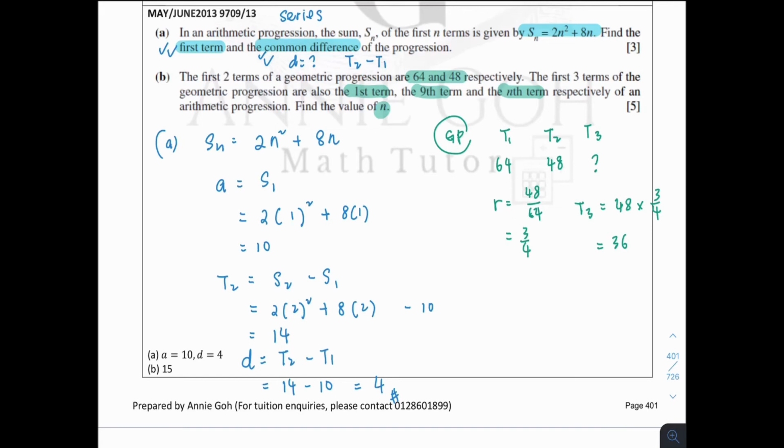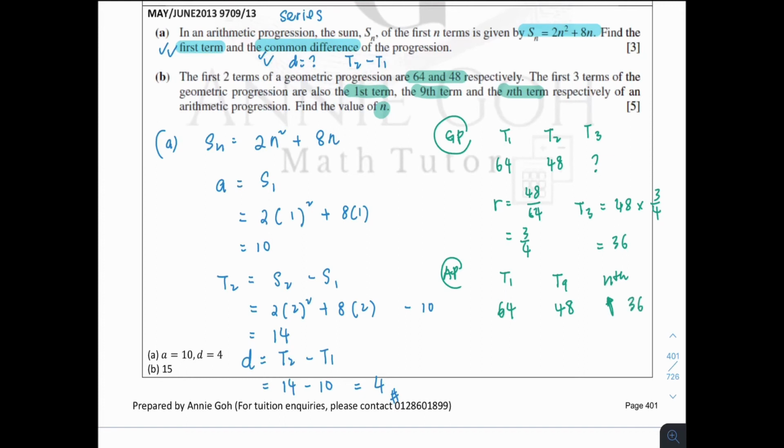And it's mentioned in the question that the first three terms are actually the first, 9th and nth terms of an AP. So for the AP, the first term is the same as the GP, 64. And the 9th term is the same as the second term of the GP, 48. As for now, you're asked to find the value of n. So the nth term is the same as the third term, which is 36.